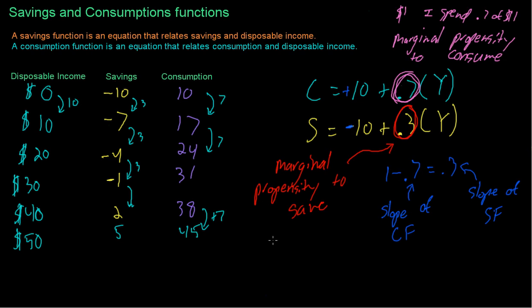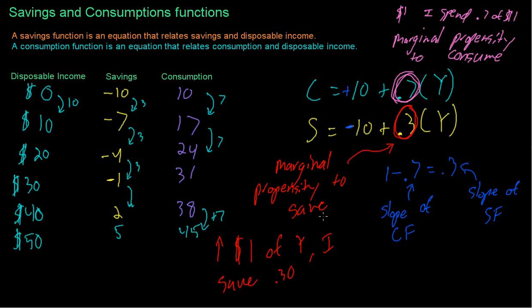So an increase of $1 of disposable income, Y, I save 30 cents. And that's all that the marginal propensity to save is. It's just a fancy way of saying for every additional dollar of disposable income, I save this percent of it.